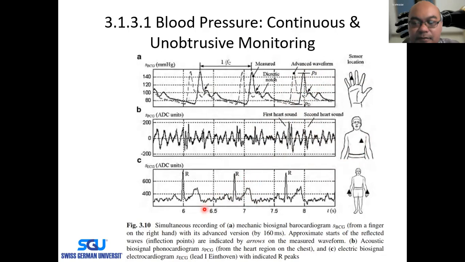And C is from the electrocardiogram, ECG, measured from lead 1 Einthoven, with the indicated RPX, measured from the two hands. Here the indicated RPX corresponds to the first systolic pressure.